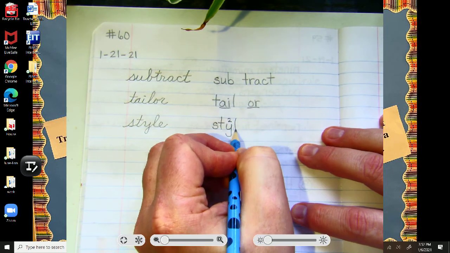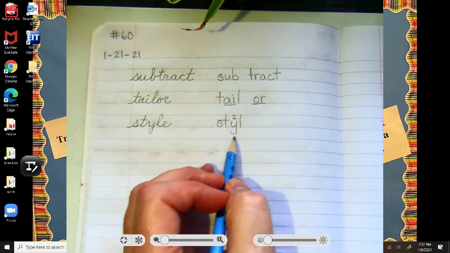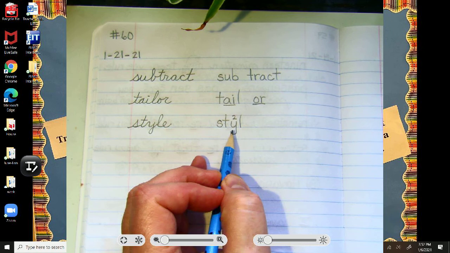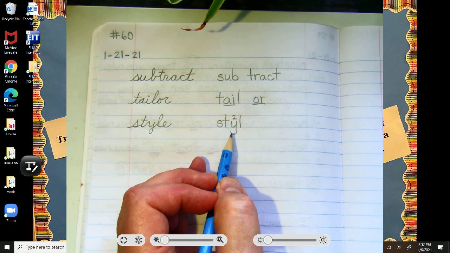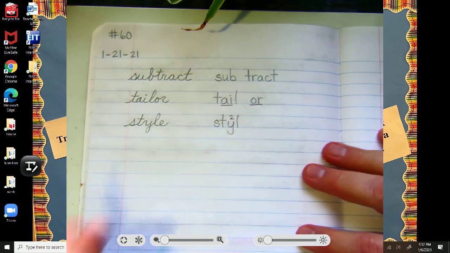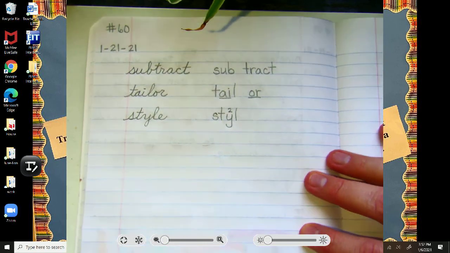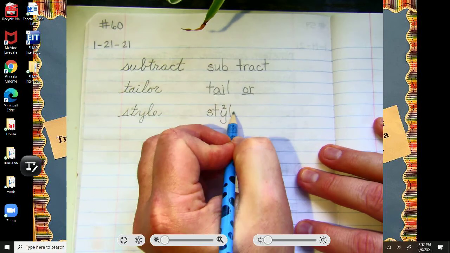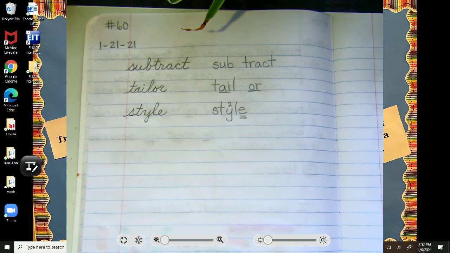And then style. So that might have been a little tricky, right? A 2 above the y, i, e, making its second vowel sound. But you'll notice to have that dictionary spelling of style, we have a silent final E, which tells you we are going to have a rule.